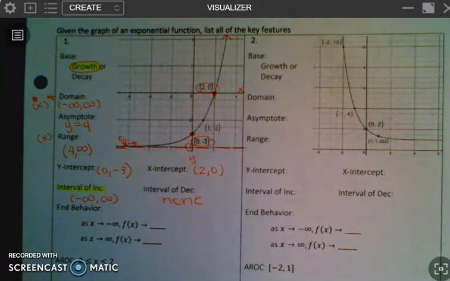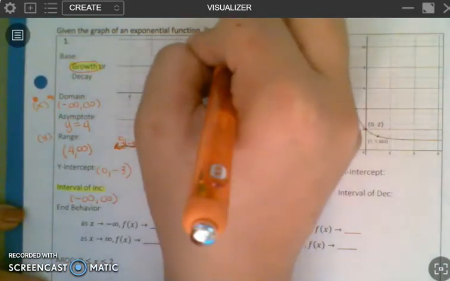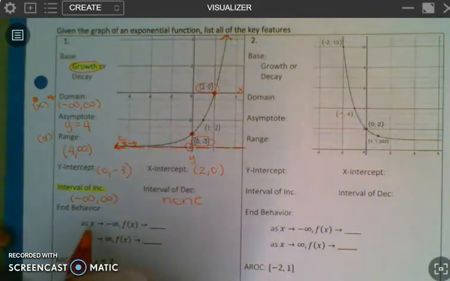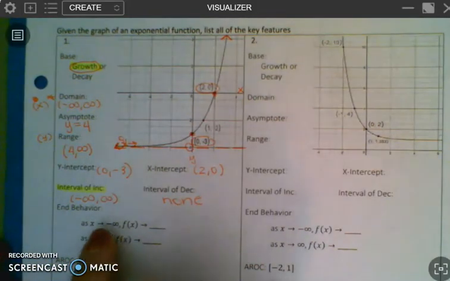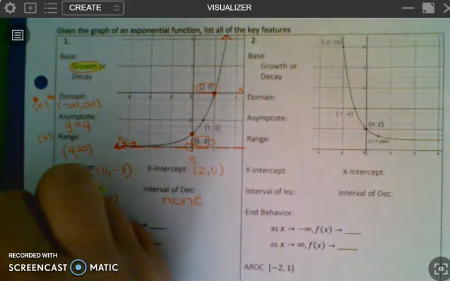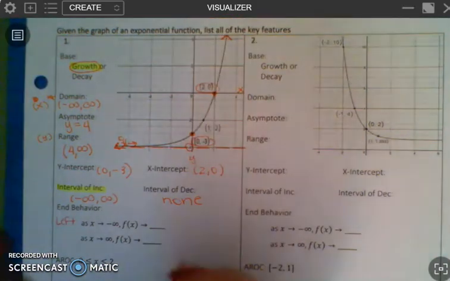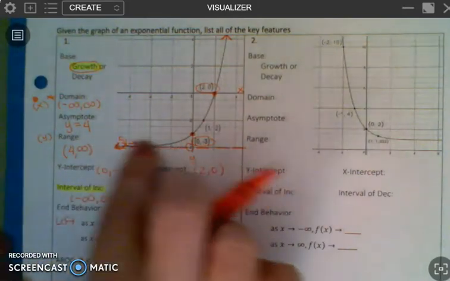Okay, next we have end behavior. So remember, end behavior is just looking at your arrows. So I have 2 arrows on here. As x approaches -infinity, so remember, you're thinking just about the x-axis. On a number line, -infinity is the left side. And as I look on the left side, the graph was flattening out.